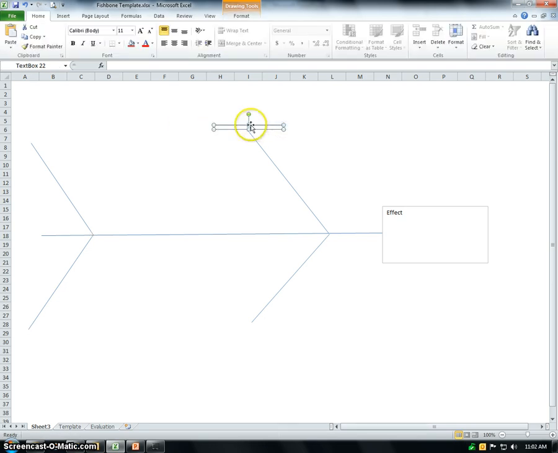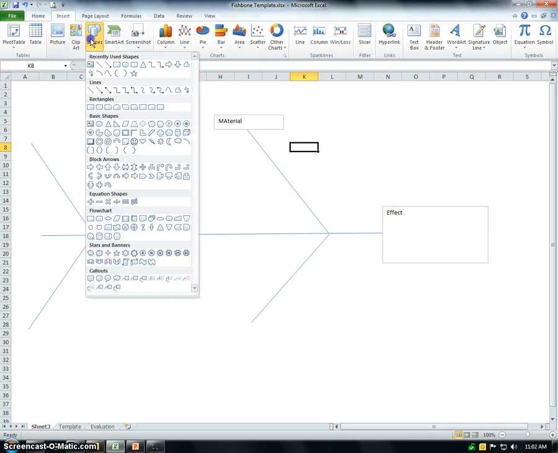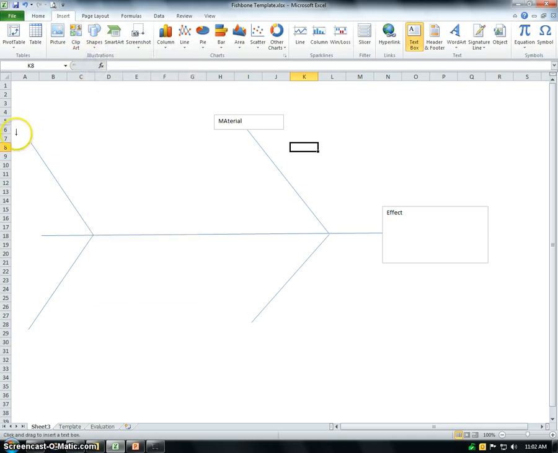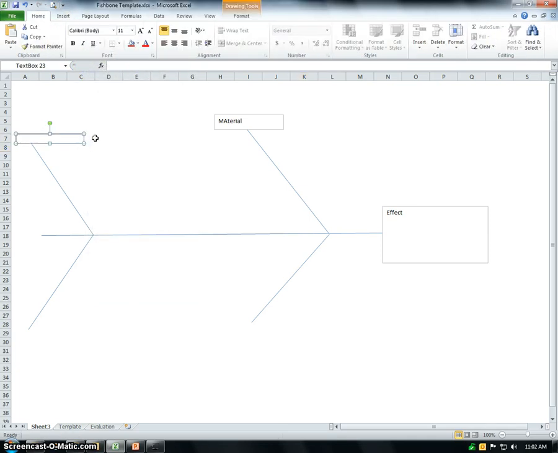So I'm going to put my cause category, it's a little bit thin there. So maybe some of the causes had to do with the material that we were using. Maybe some of the causes had to do with the people that were actually performing the process.